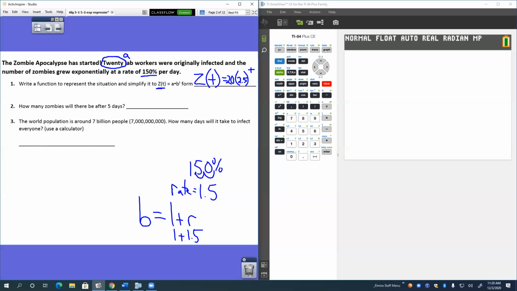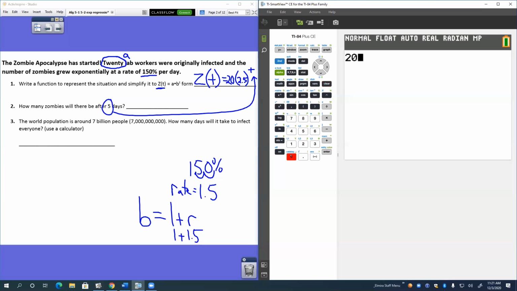Take a look at question number 2. How many zombies will there be after 5 days? Go ahead and do number 2, please. So all that we have to do is take this 5 and sub it in for t into our equation.